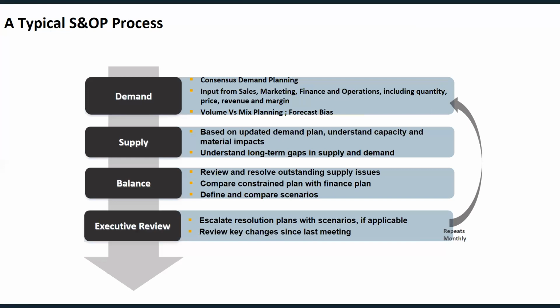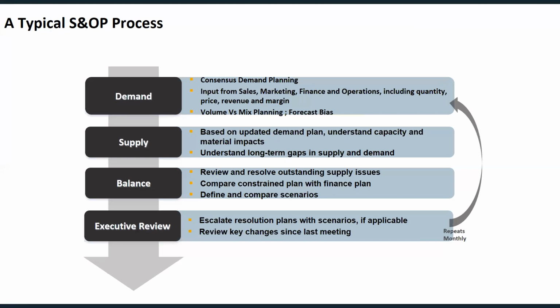Many times they may not come to a consensus and may not make a decision as to which scenario is better, because there may be cases where some scenarios have cost implications, some scenarios have implications for the sales team in terms of customer delivery, right?